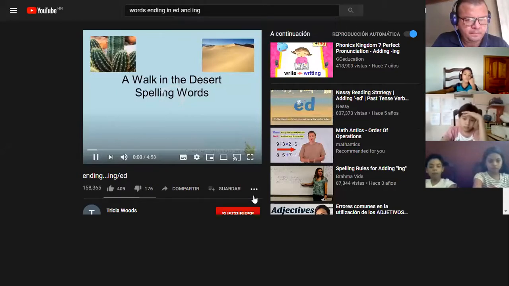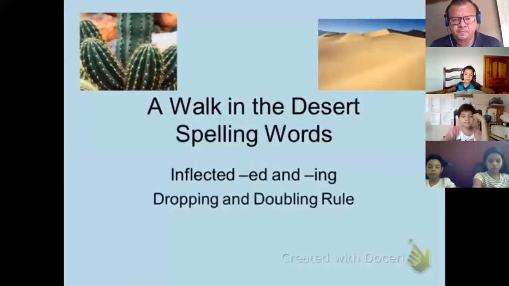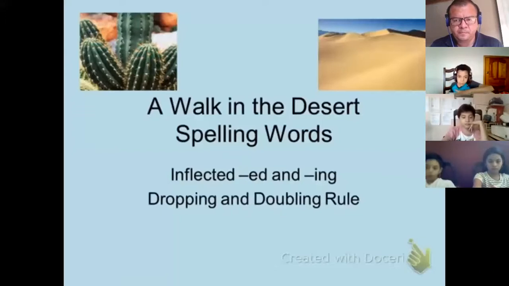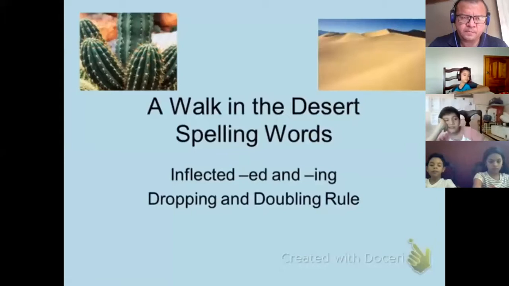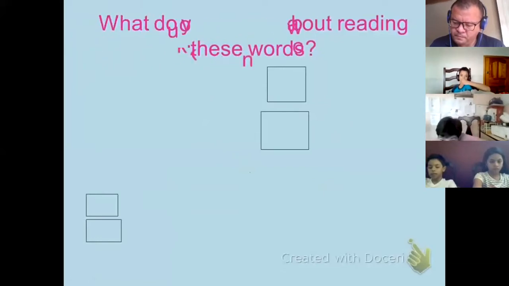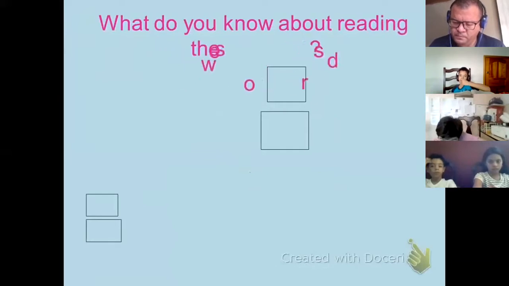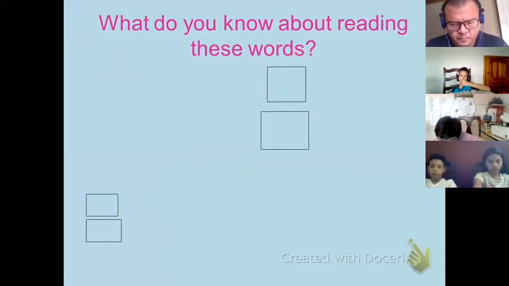This week's flipped classroom lesson is on endings ed and ing. Sometimes you have to drop a letter to add the ending, or double a letter to add an ending. What do we know about reading these words?